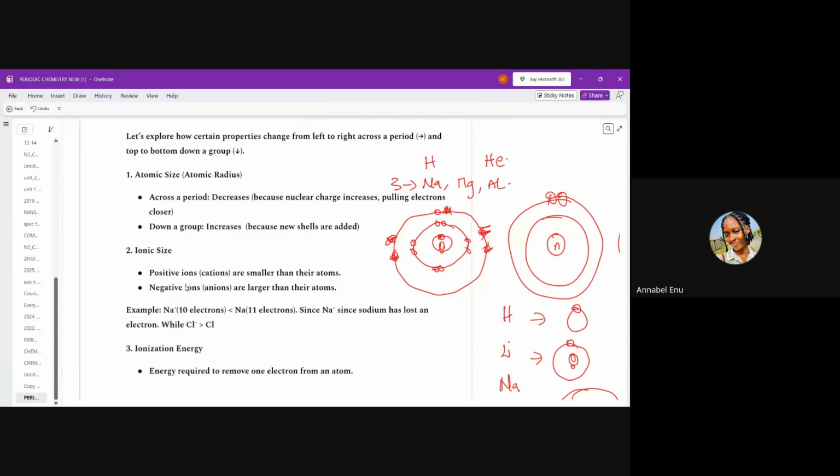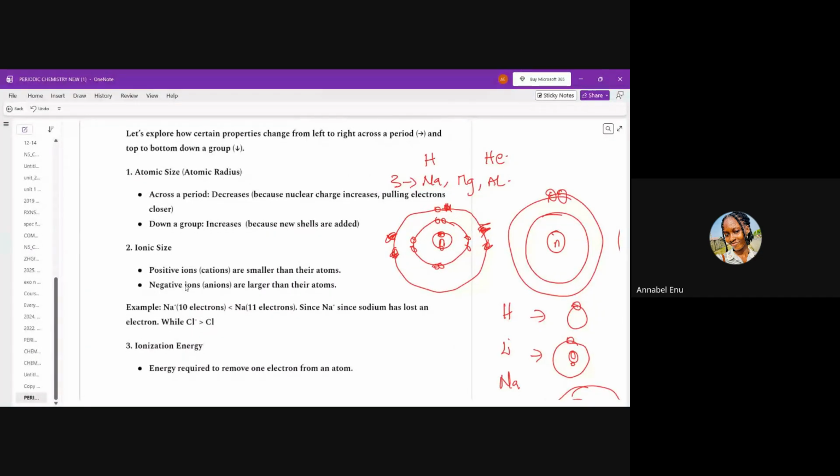That means it has lost 1 electron. So that is to say it's no longer 11, it's now 10 electrons. So it will now be smaller than how it used to be, which is 11, right? While negative ions, anions, they are acceptors. They've already accepted, so they are more than they used to be.